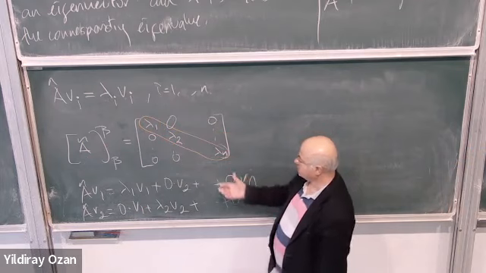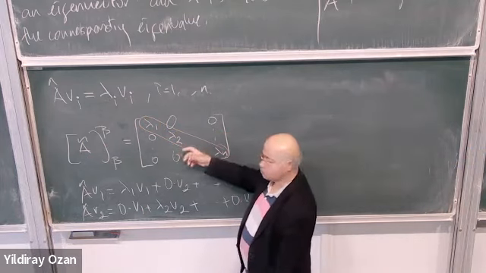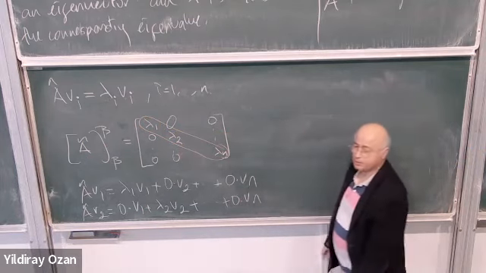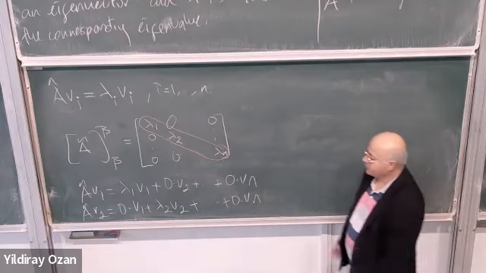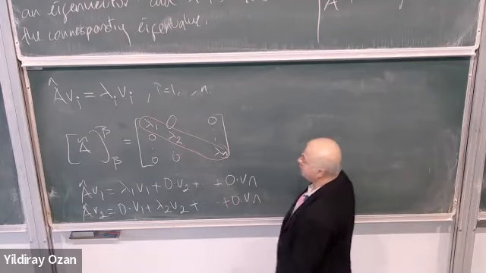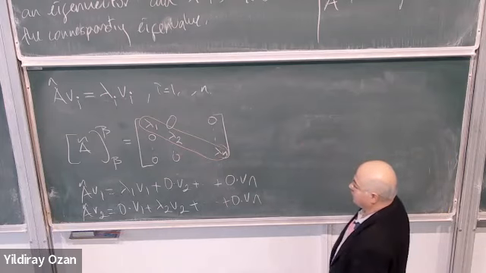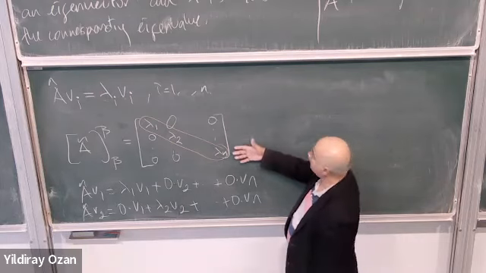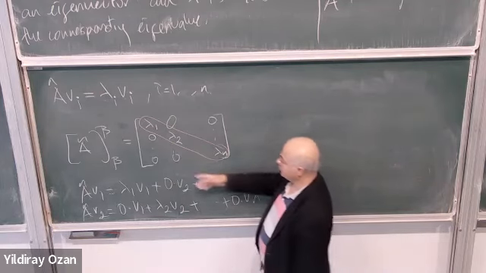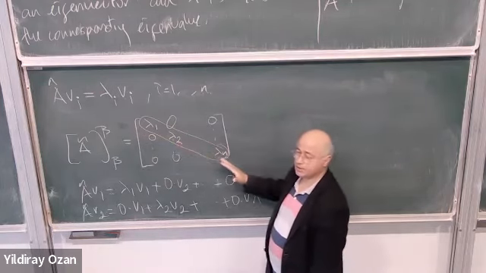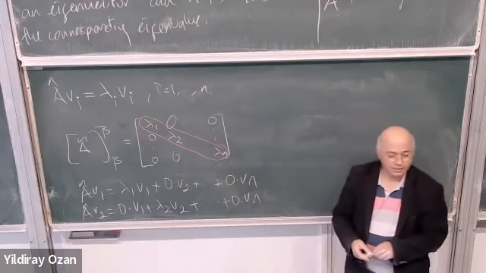It just sends these basis elements to their multiples. That's why this is a very nice operator. It's easy to compute. And that's why it is called diagonalizable, because in this basis, the matrix is diagonal. Okay?